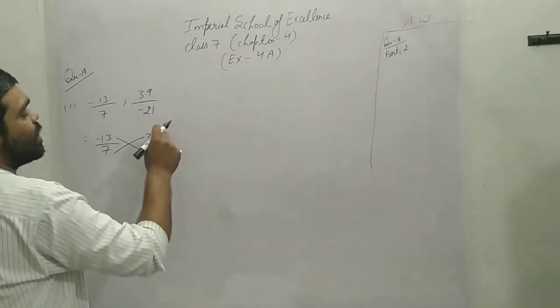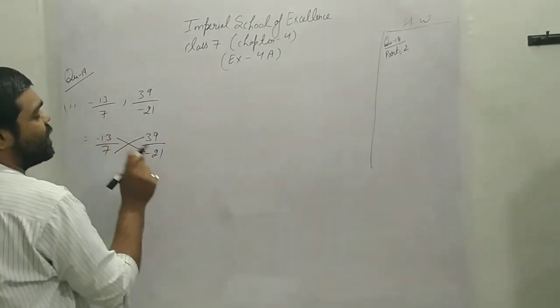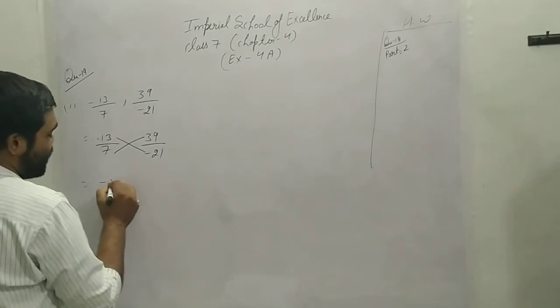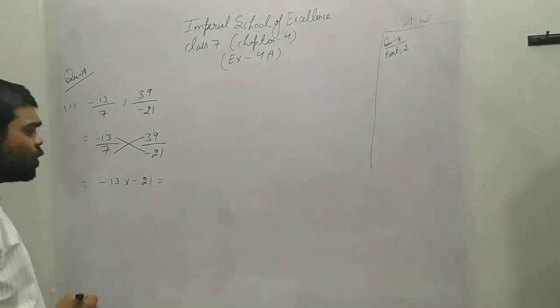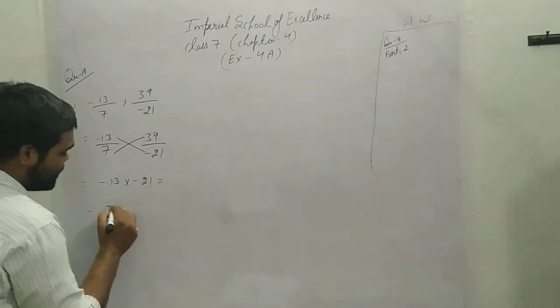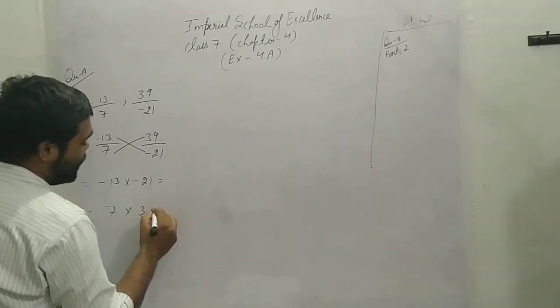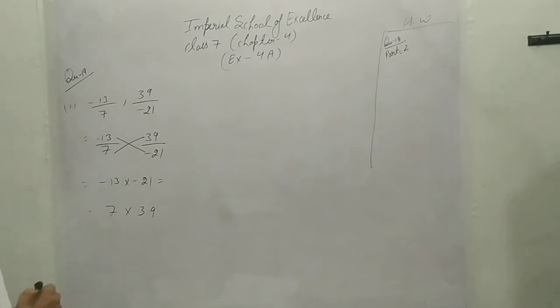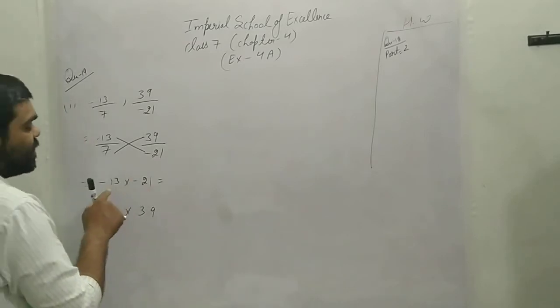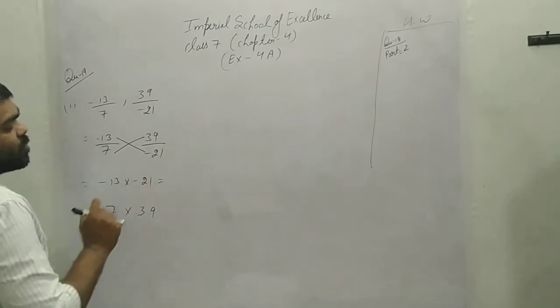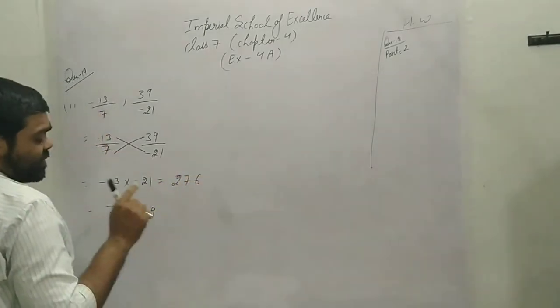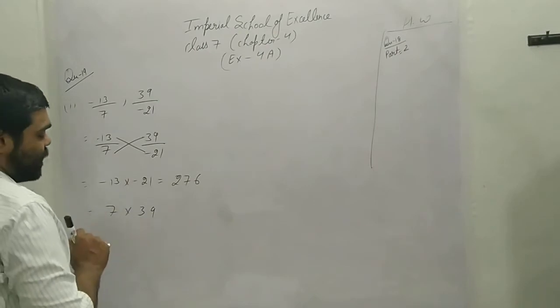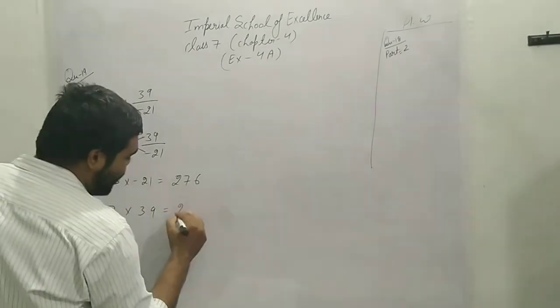7 की मल्टीप्लाई 39 में, 13 की मल्टीप्लाई 21 में. फर्स्ट ऑफ ऑल -13 मल्टीप्लाई बाय -21. ओके, नाउ सेकंड 7 मल्टीप्लाई बाय 39. You have to do multiplication between these two numbers. -13 multiplied by -21, it will come 276. 39 multiplied by 7, it will become 276.